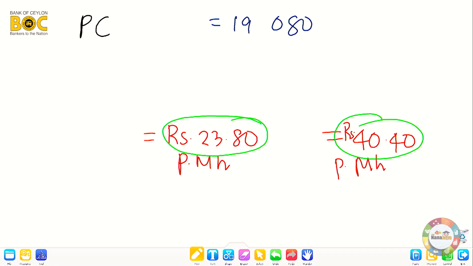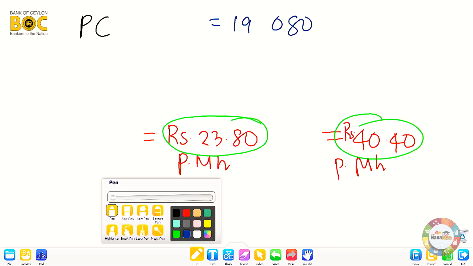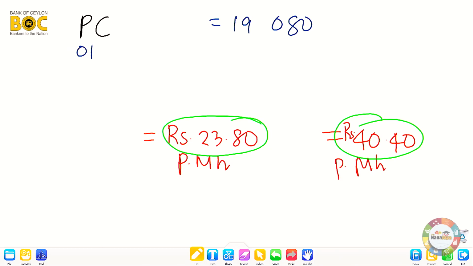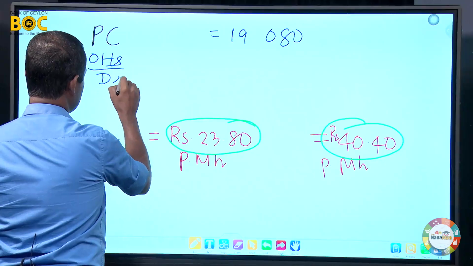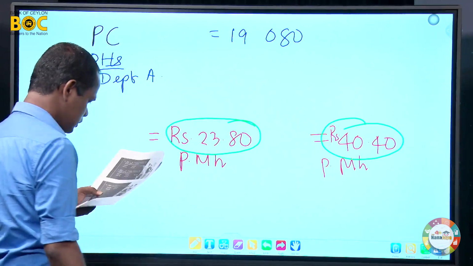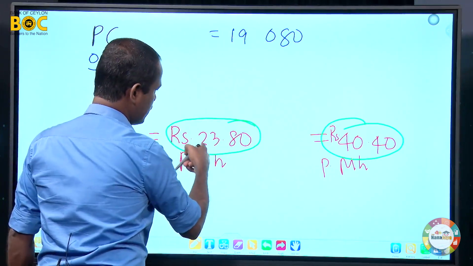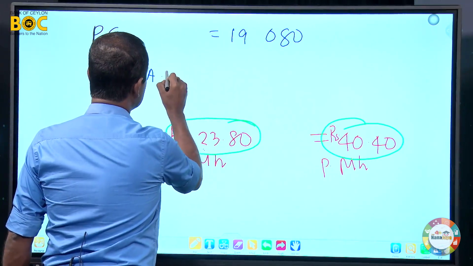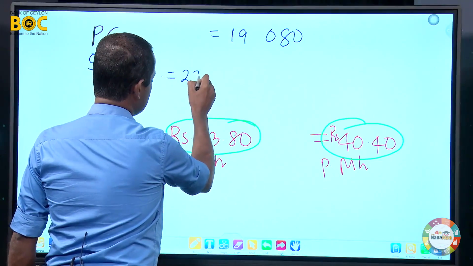So for that you can take overhead. We have two departments. Department A: the absorption rate we calculated is 23 rupees and 80 cents.